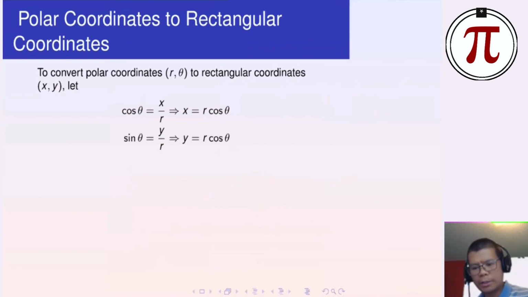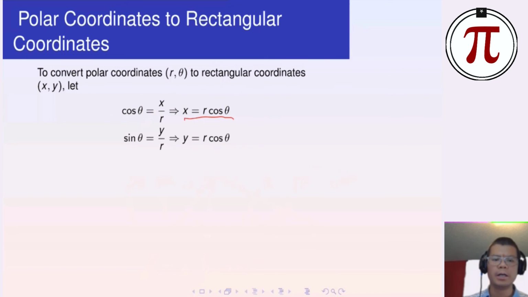Now let's consider the conversion from polar coordinates to rectangular coordinates. To convert polar coordinates to rectangular coordinates x, y: cosine theta is x over r, and so we get x equals r cosine theta.